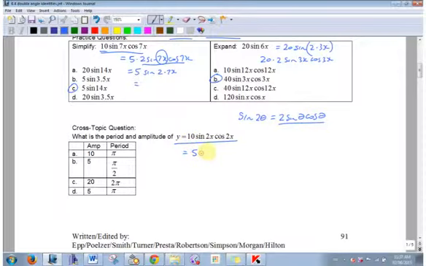So I'm going to go 5 times 2 sine theta cos theta, and then write it like this: 5 times sine of 2 times theta, which is 5 sine of 4x.